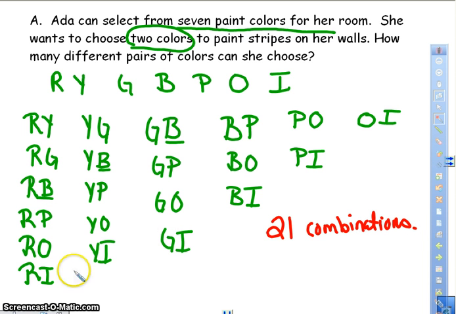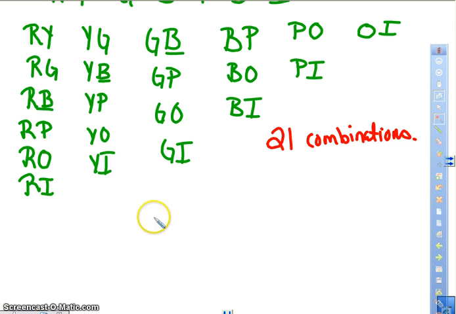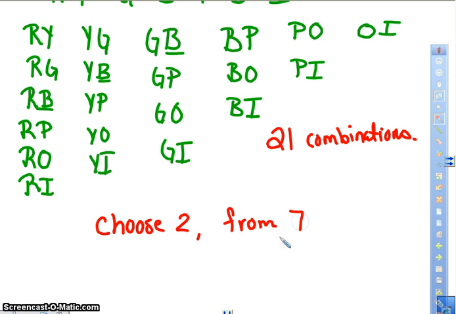Now I'm going to show you a way that would also answer the same question, but in a slightly different way. I'm choosing 2 paint colors, so you choose 2 from 7.